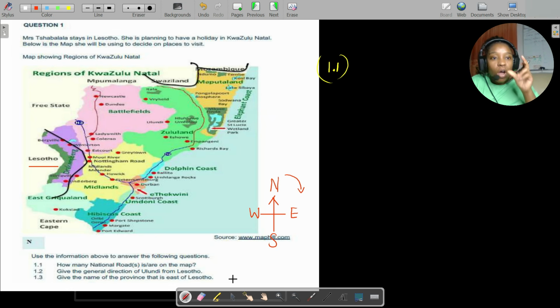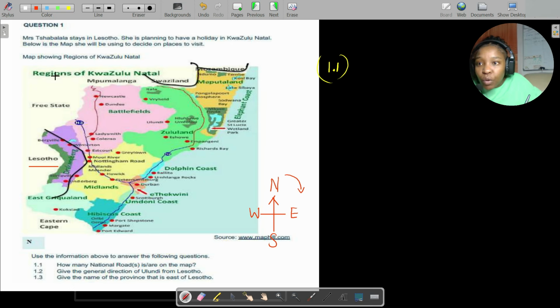If you see an R and a number, that is a regional road. If you see an M and a number, that is a municipal road. If you're staying in Johannesburg, the M1, M2 are municipal roads. Your R21 is a regional road. That's what you need to take note of when analyzing this map.